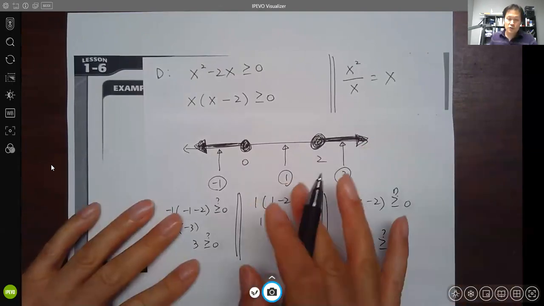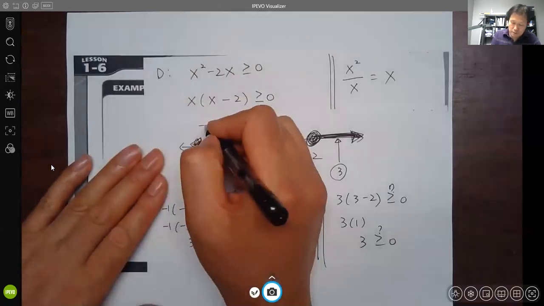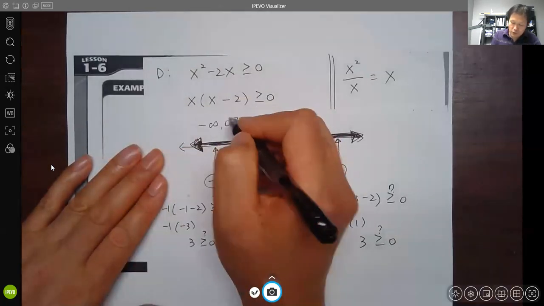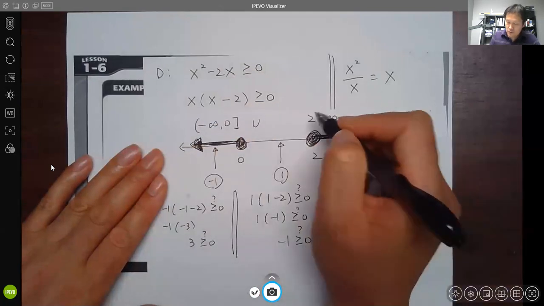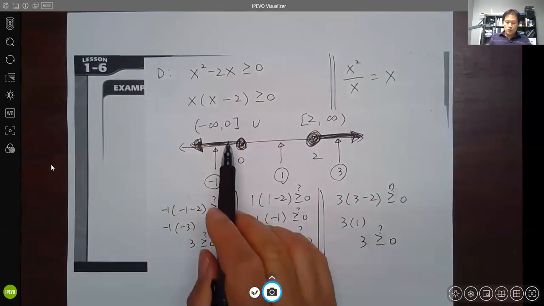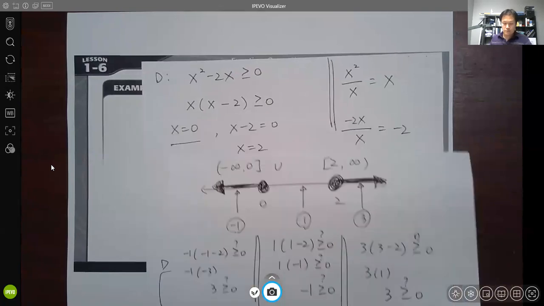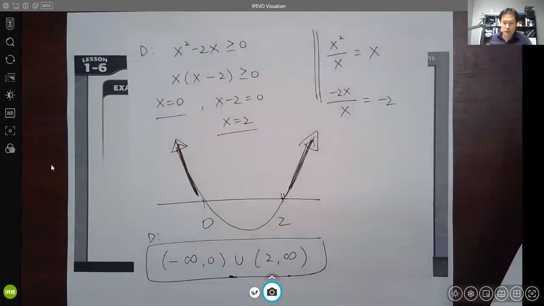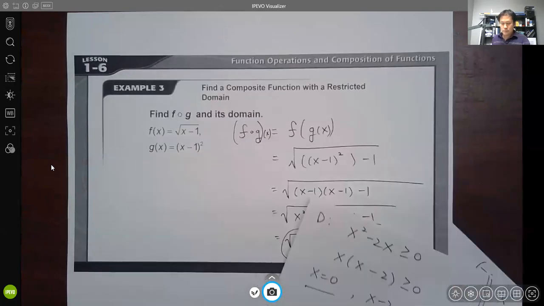So from here, you just answer: minus infinity to 0, bracket, union with 2 through infinity. Okay, 2 through forever. I know some of you like this method better. I prefer the other method. For the domain, you have to do either one and get the answer.